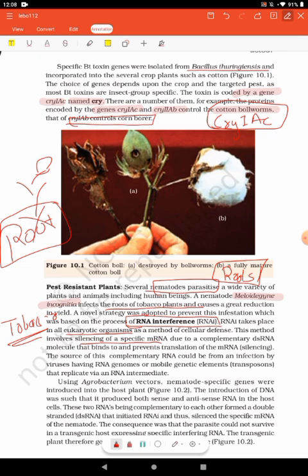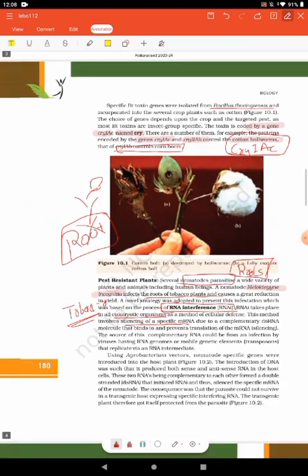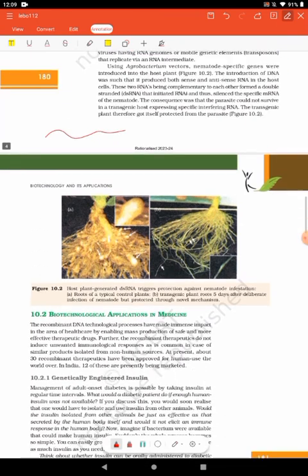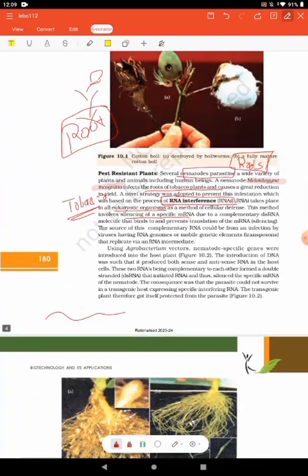Basically, in this technique, RNA interference, RNAs are formed in every kind of organism. So whatever RNA is formed by the nematode, you can see here, that RNA is harmful for the plant.